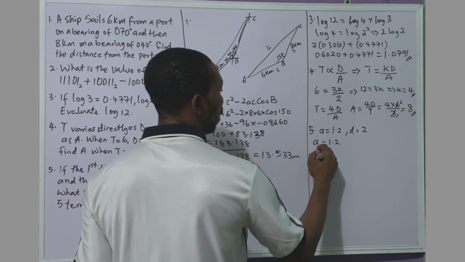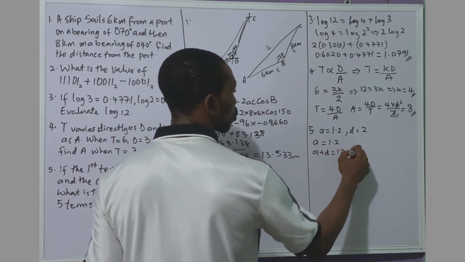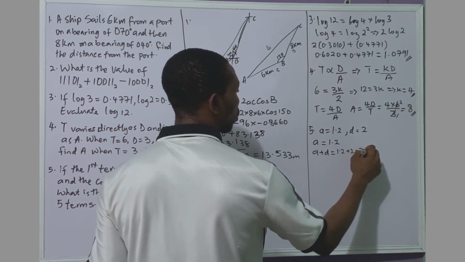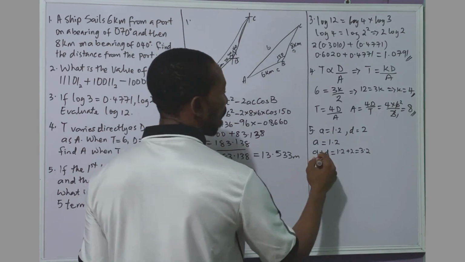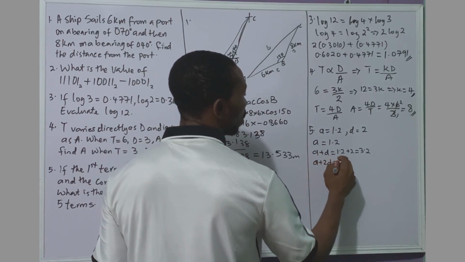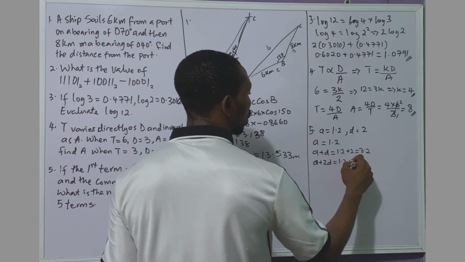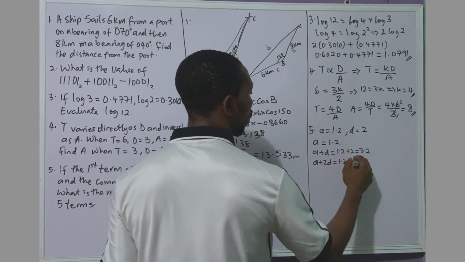All right, a plus d, which is 1.2 plus 2 gives us 3.2, and a plus 2d, that will be 1.2 plus 2 times 2 will give us 5.2.